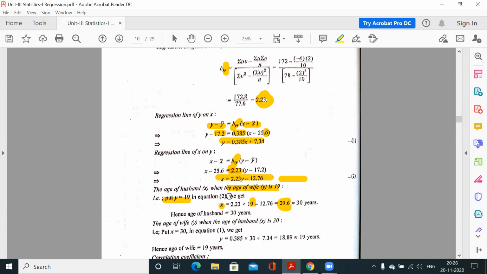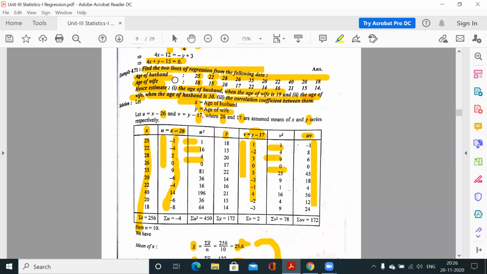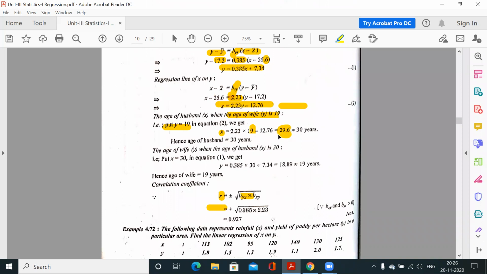Because x and y represent ages, and all ages are in years, this is an approximation. So 29.6 is almost 30 years. So the age of husband is 30 years, whose wife is 19 years.